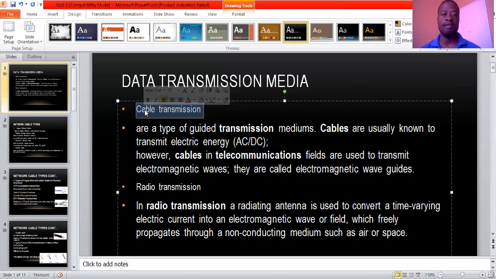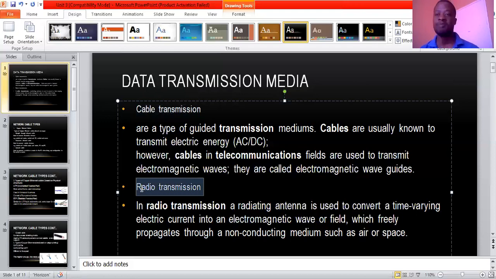And then you can also use radio transmission. Radio transmission is one of the ways you can use to get your data to its destination. But with radio transmission, you don't need cables.